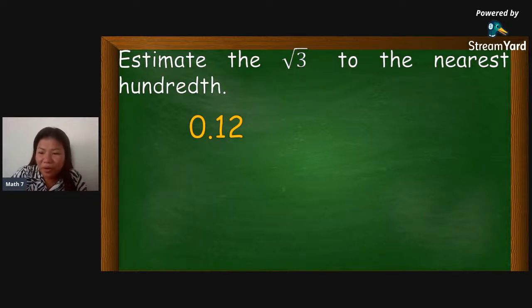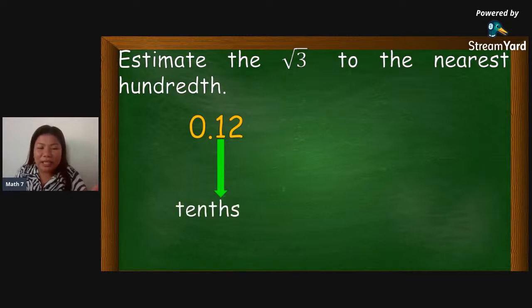The number at the hundredths place is, check natin. So remember class, yung 0 dyan, ayan yung nasa ones place. Hindi ko na nilagay ha. After ng decimal point, ang 1 po, yan ang tinatawag nating nasa tenths place. At ang 2, yan yung nasa hundredths place.